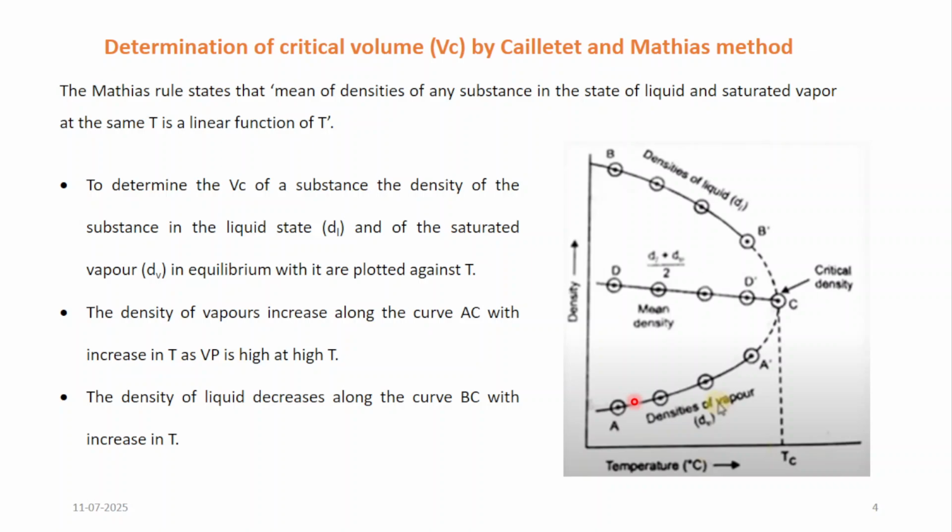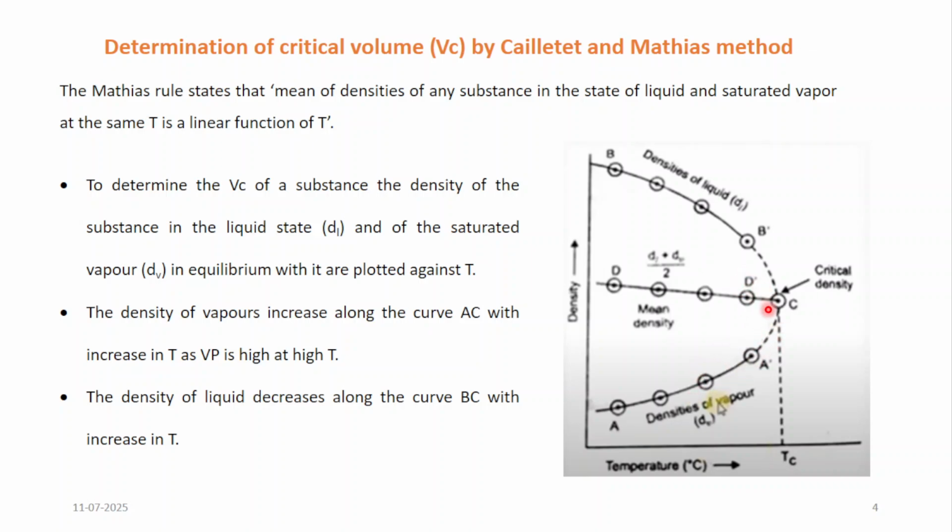Okay, and so density of vapor will increase and density of liquid will decrease with the increase of temperature. You must have realized, suppose there is a liquid, you increase the temperature, it will slowly get converted to vapor phase. So vapor phase is having lower density compared to the liquid phase. So the density of liquid has to decrease. Okay, see, the density of liquid is decreasing, the density of the vapor phase is increasing.